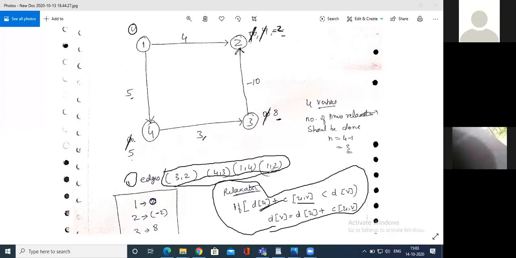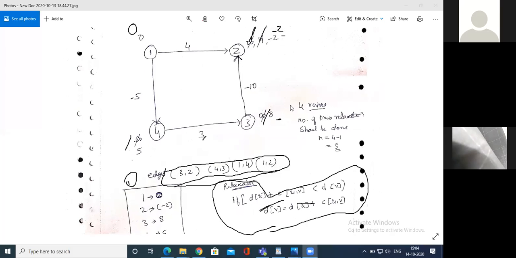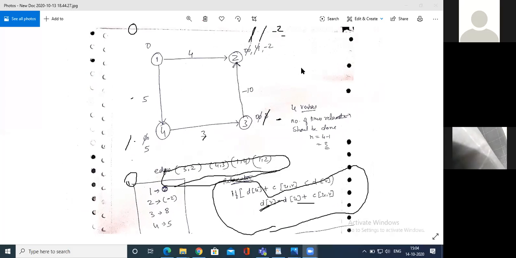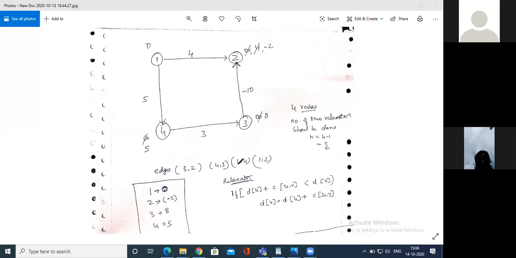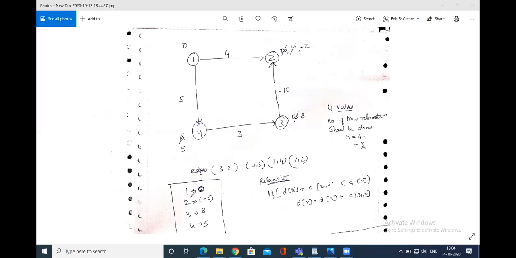Finally, the last edge list, 1 to 2. In between 1 and 2, we have 0 plus 4. Is 4 less than minus 2? No. So minus 2 is retained. So finally, what you could see, what is the final cost? From vertex 1, the cost is 0 only.